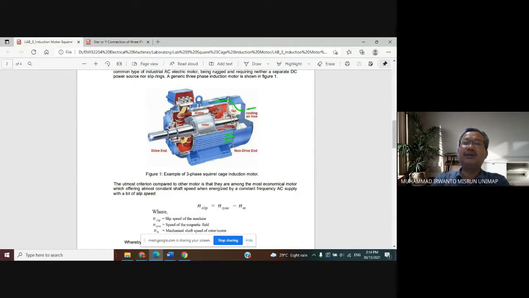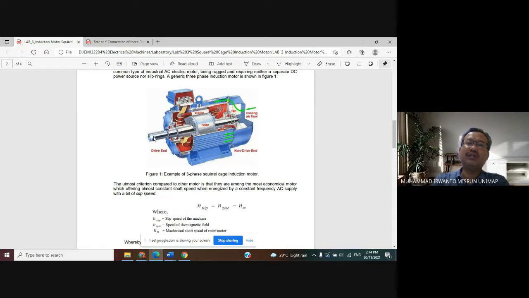When current flows through the winding, it will produce flux, and the flux arrives at the rotor, and then movement occurs for the rotor.